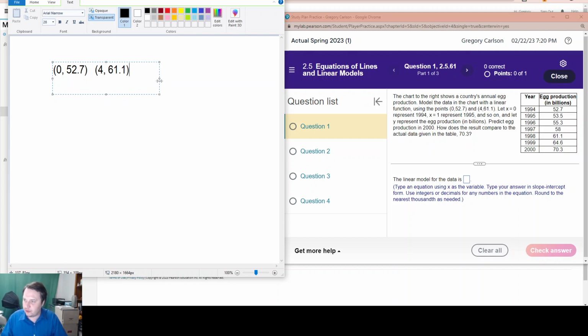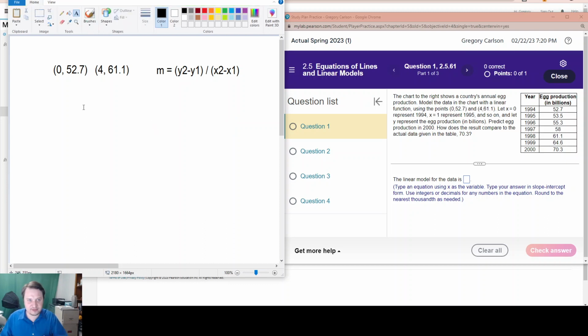So those are the 2 points we're going to use to form the equation. Remember, we need to do y2 minus y1 over x2 minus x1 to get the slope first. That's what we'll do to get started to get the slope.